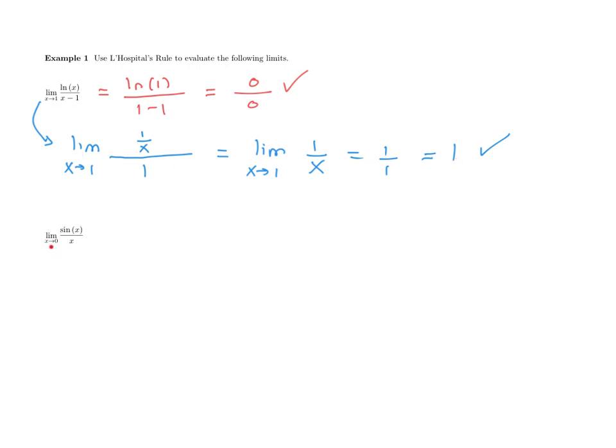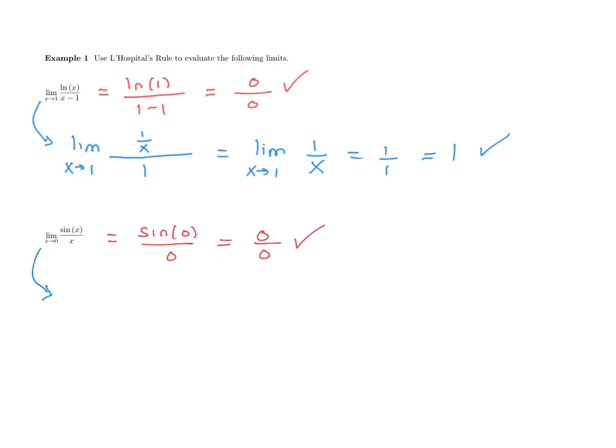What about this one? The limit as x goes to 0 of sine of x over x. Again, do we encounter an indeterminate form here? If you put 0 into the function, we get sine of 0 over 0. Sine of 0 is 0, and 0 is 0, so again, here we have another indeterminate form.